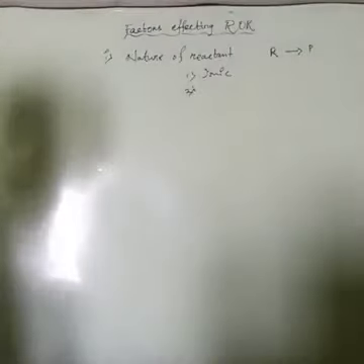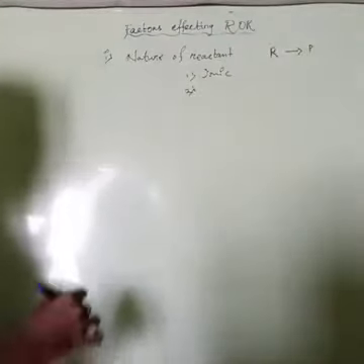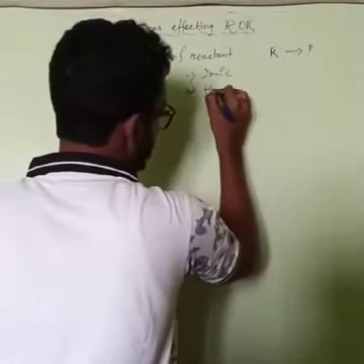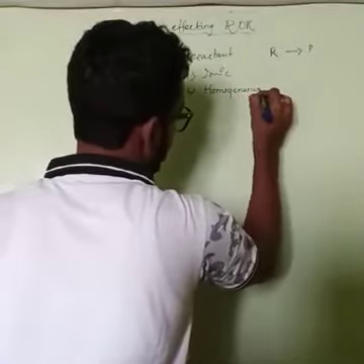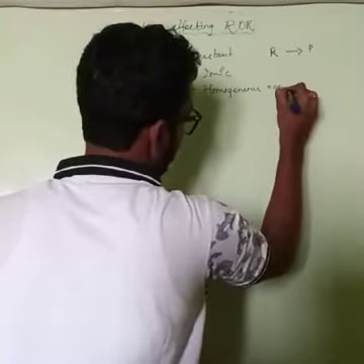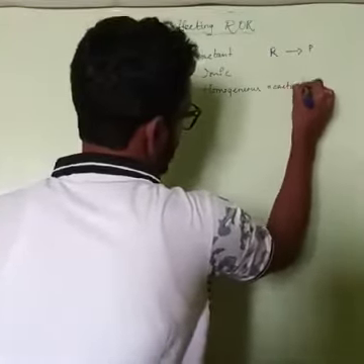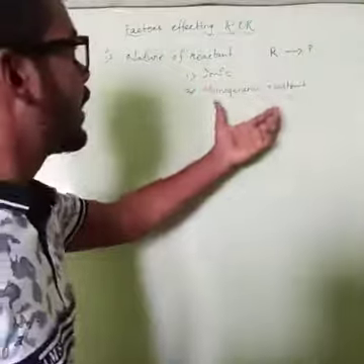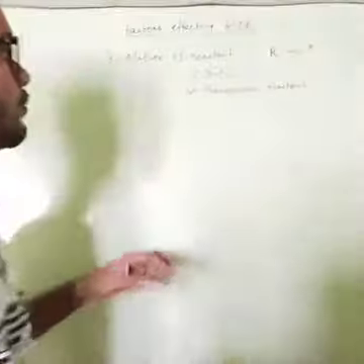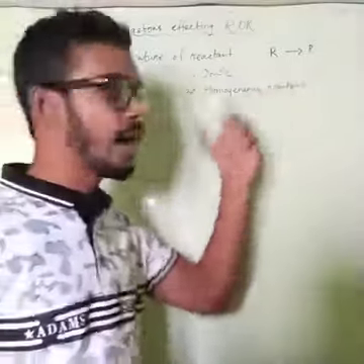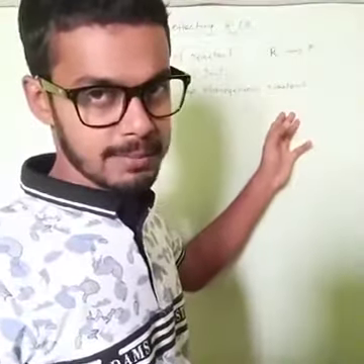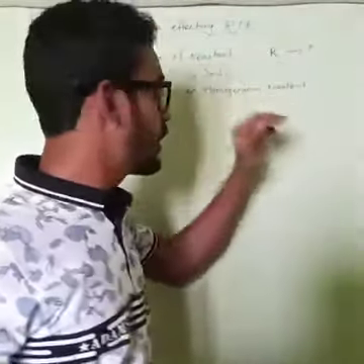Second, whether it is a homogeneous reactant or not. What happens in case of a homogeneous reactant? It is quite mixed, and the rate of reaction is high in case of homogeneous reactions, and in case of ionic also high.